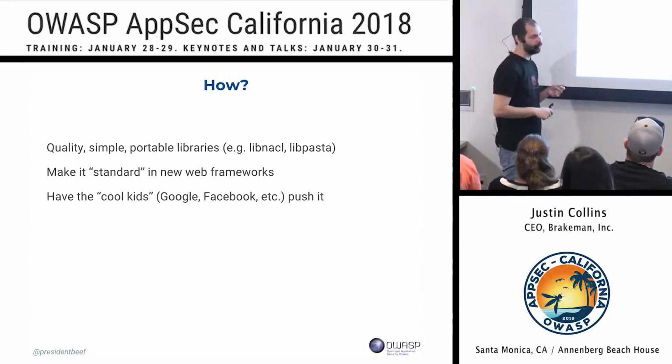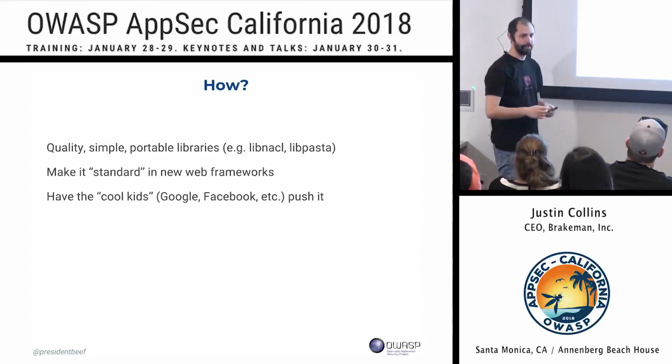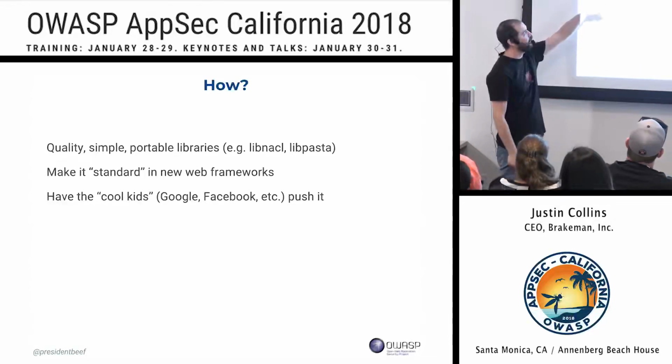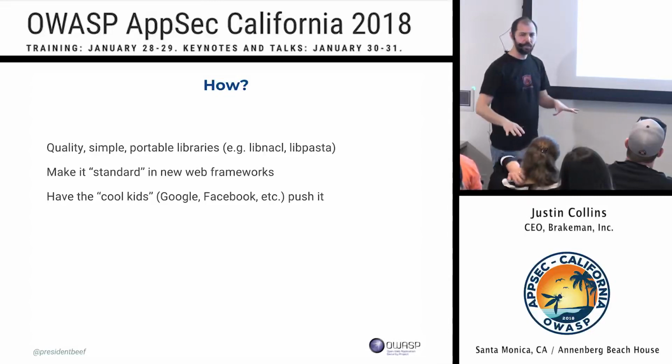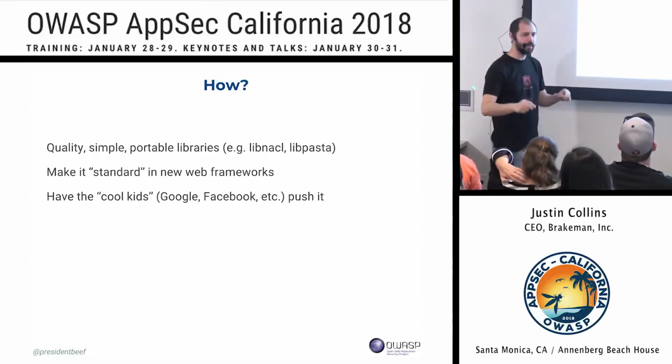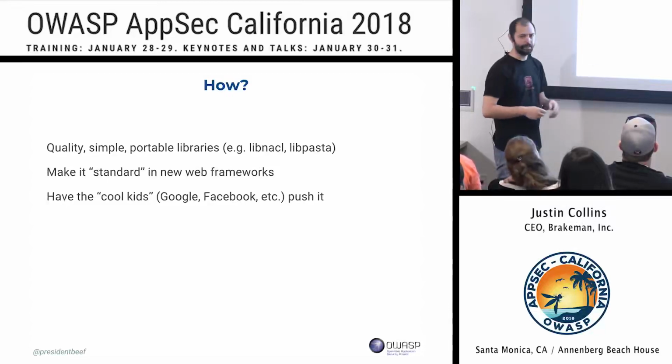As opposed to every framework having to implement their own context-aware escaping. Again, like I said, we should be expecting better things from our web frameworks, expecting that they're going to provide really good security, and in this case, context-aware escaping or a better interface for doing SQL queries, that kind of thing.